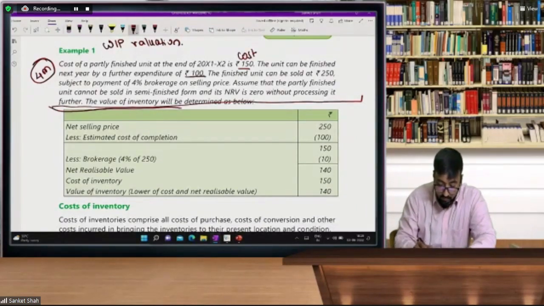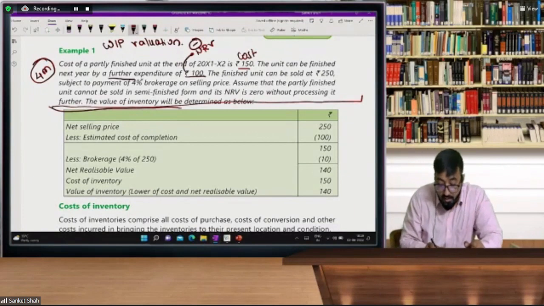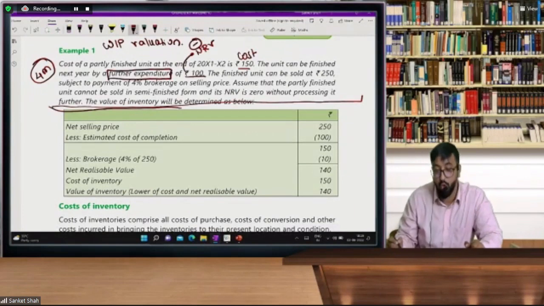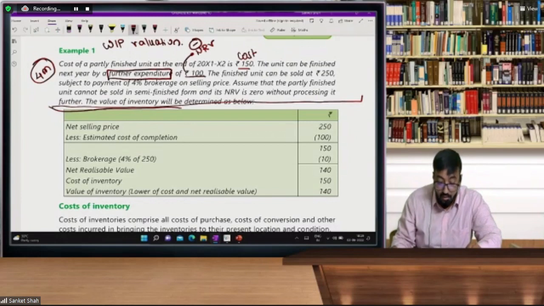This is deducted from NRV. Further expenditure is a future cost. Instead of adding it in cost, we deduct it from NRV. Remember, this is the further cost of completion, and we never add this in cost, but deduct it from NRV.